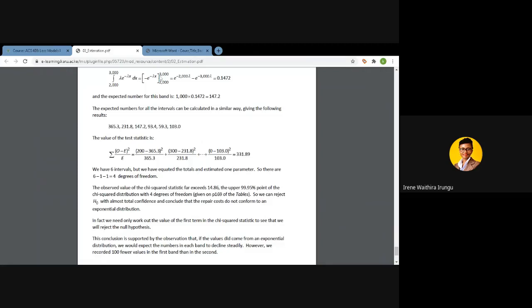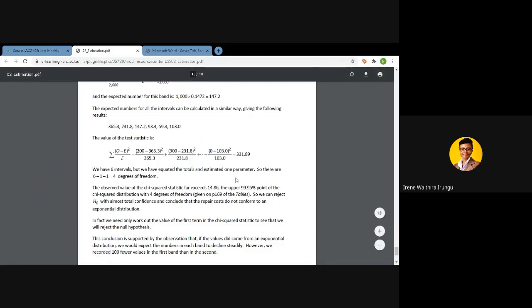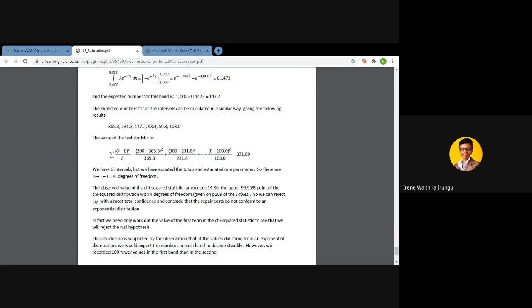So our test statistic is 331.89. Our tabulated value for this degrees of freedom is 14.86. So our test statistic is less than our tabulated value, so in that case we actually reject. Every time your test statistic is less than what is tabulated, you reject your null hypothesis.